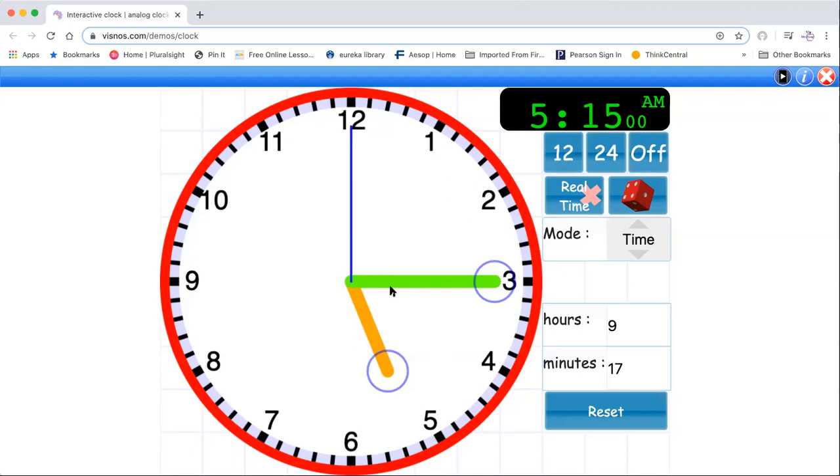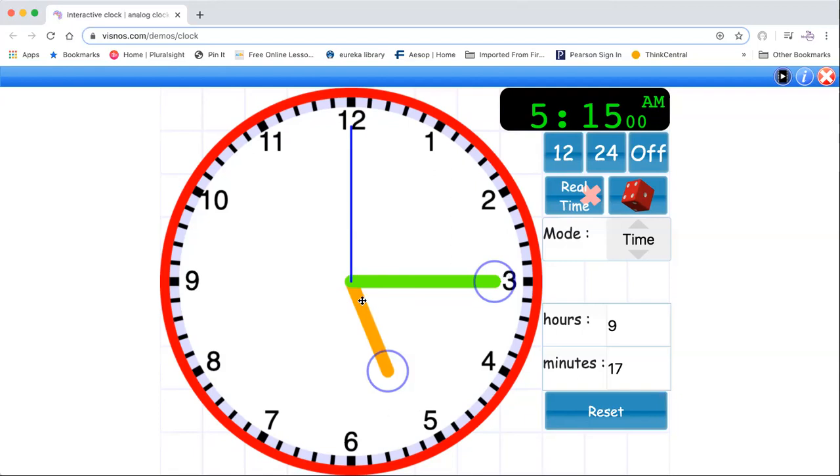Look where my minute hand is pointing for that 1/4. Guess what? That's what we say right here. We can say it is 5:15, or it is a quarter after 5. So when the minute hand is pointing to the 3, we can say that time 2 different ways.